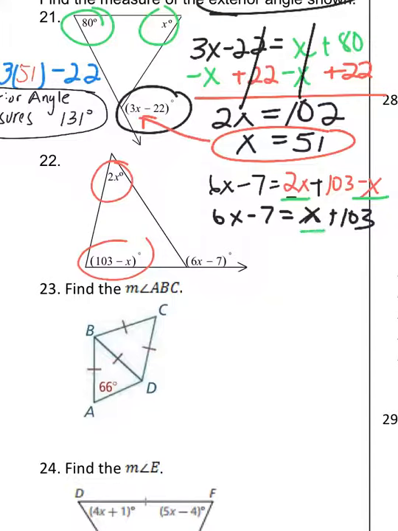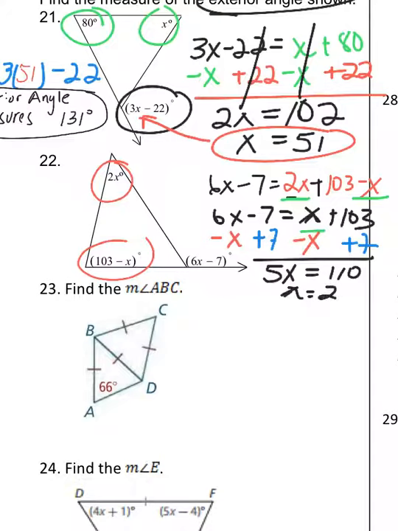And now we're going to solve that equation, moving the x over, and also adding the 7 to the other side. This gives us 5x equals 110. X equals 22.